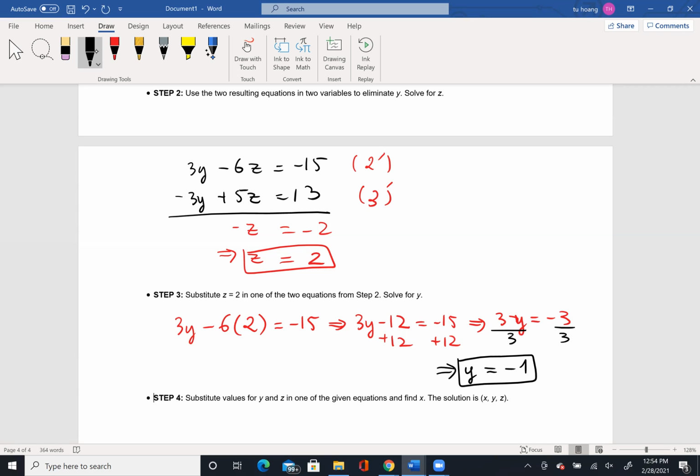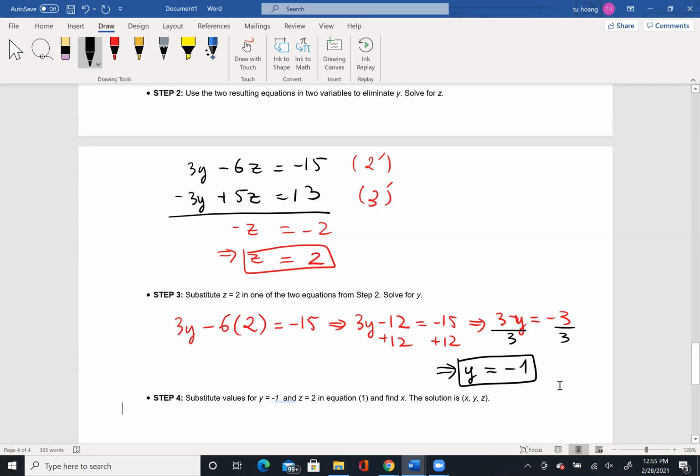And finally, I'm going to substitute y equal to negative 1 and z equal to 2 in one of the given equations to find x. Either 1 or 2 or 3, but I'm gonna use equation 1 to find x.